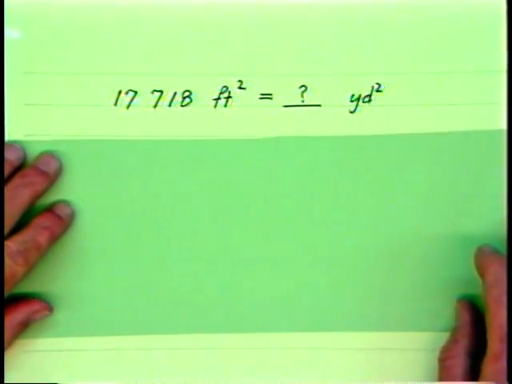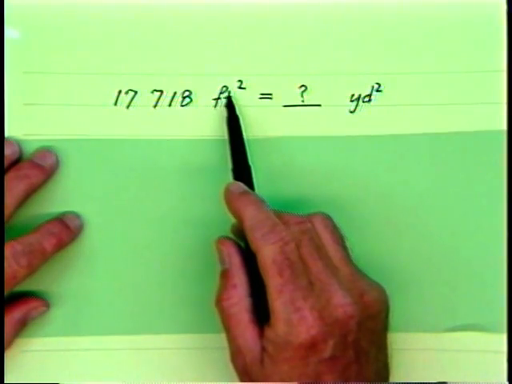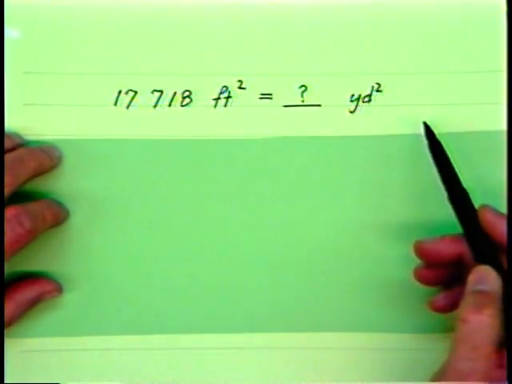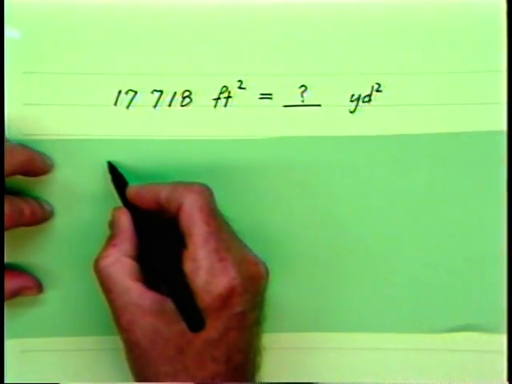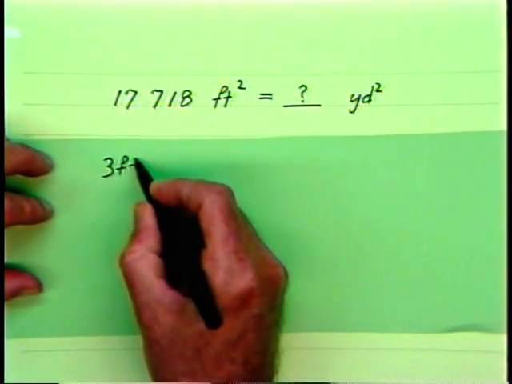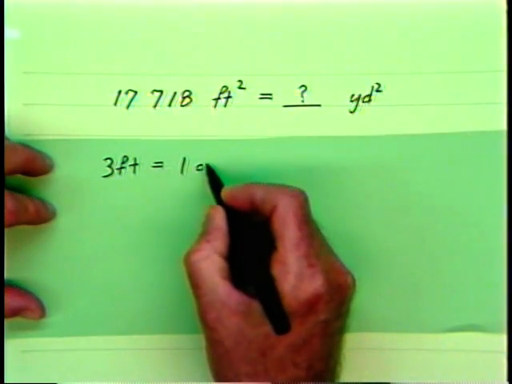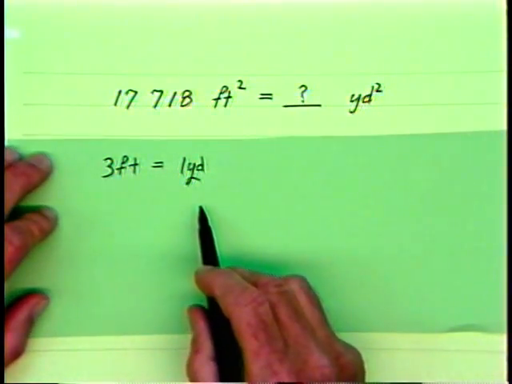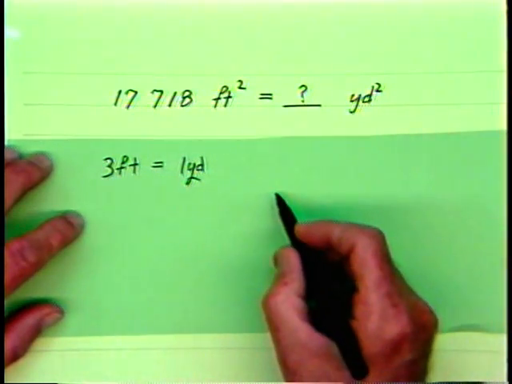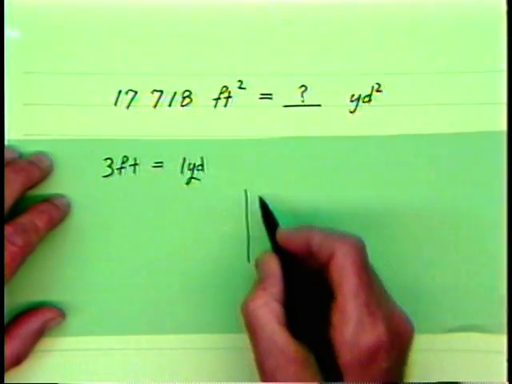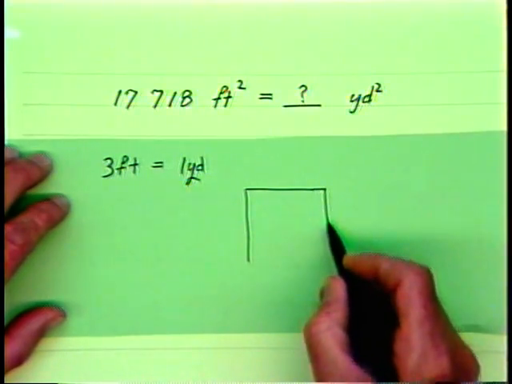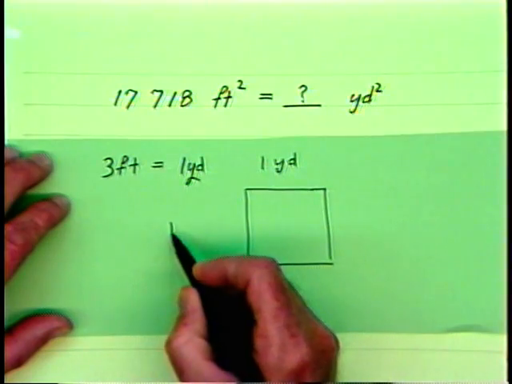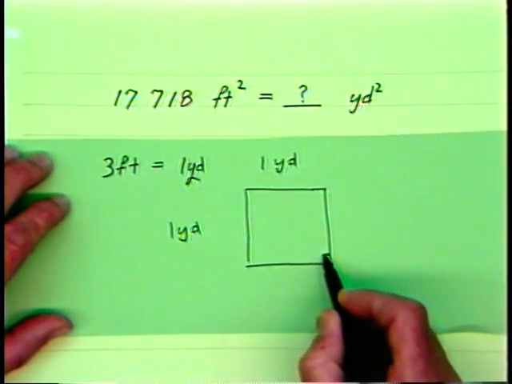But you might be in a position where if you try to find a relationship between square feet and square yards, it might not be listed. But you do know that 3 feet is 1 yard. So let's simply think our way through this. What is a square yard? Well, it's an area that is 1 yard by 1 yard, a square area.